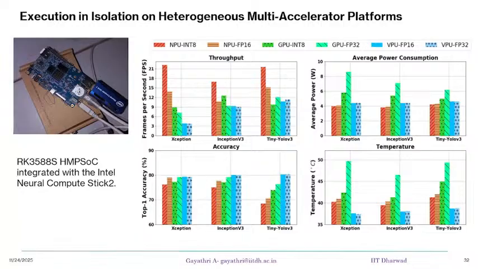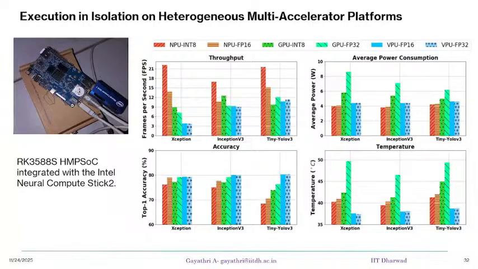What is the power of the SoC versus when I am running with some other co-runner? This is a very age-old problem: how do you model the contention? What I am showing are the individual isolation runs. When I have the entire thing for myself and I am running on an NPU with INT8 precision, this is the FPS I'm getting, like 21 FPS.